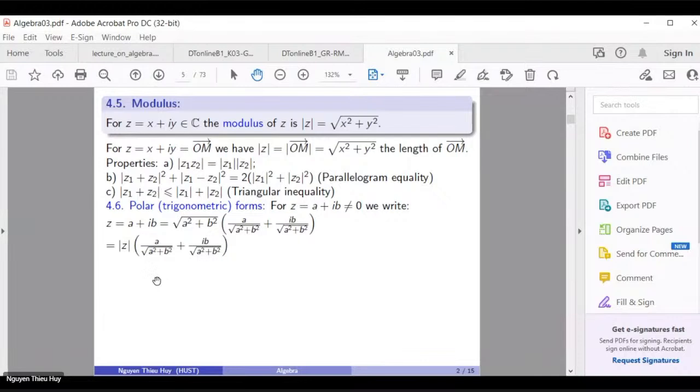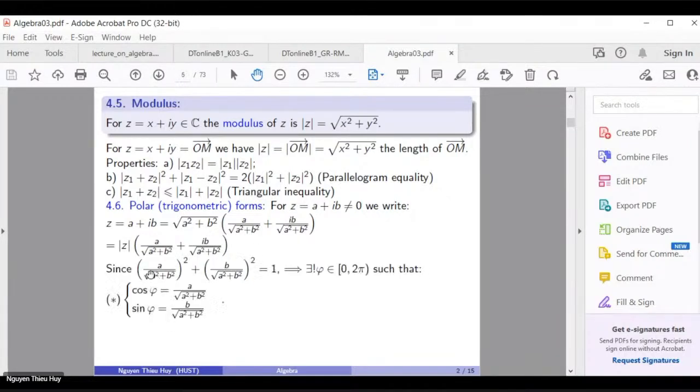So let's take the sum of the two squares. Immediately you obtain, if you take the square of this number plus the square of that number, a square plus b square over a square plus b square. This is 1. You can immediately see that. The sum of squares of two real numbers is 1.